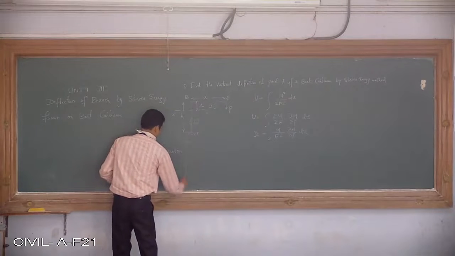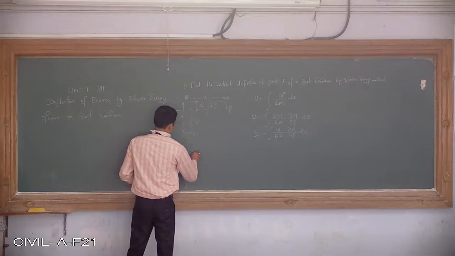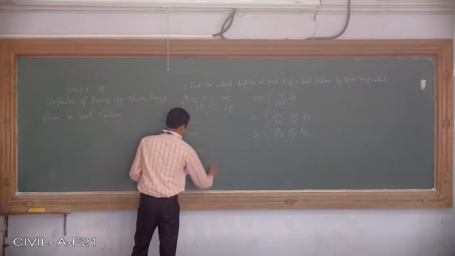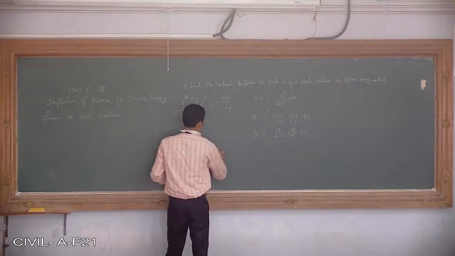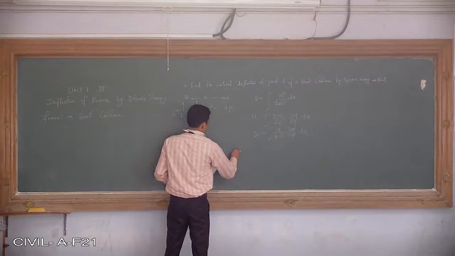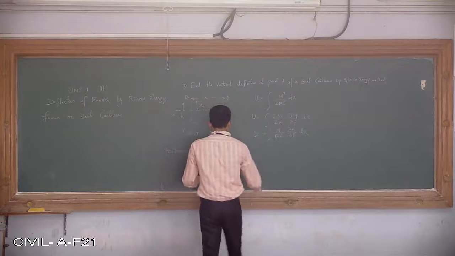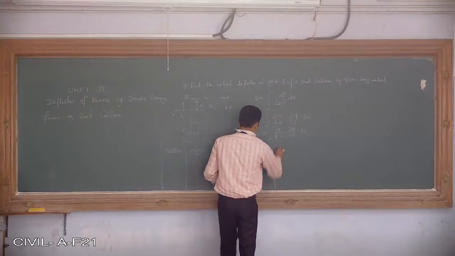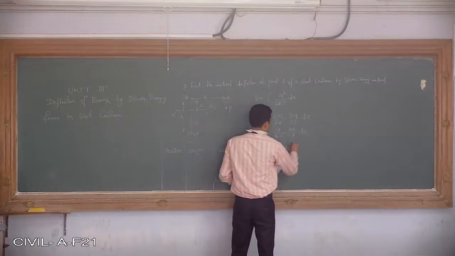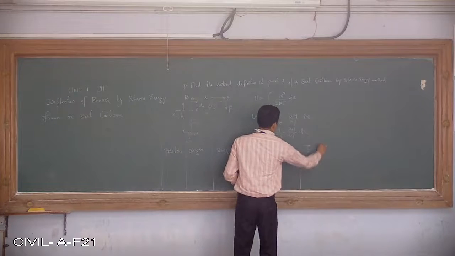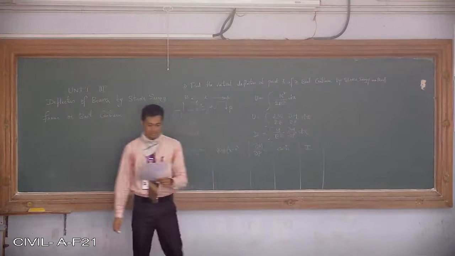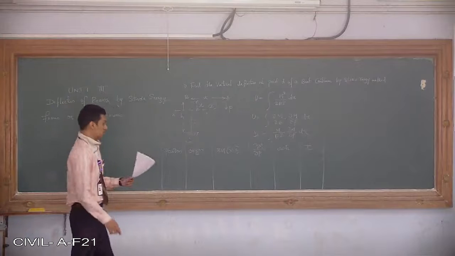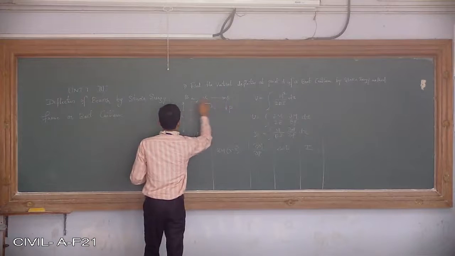Next, we need to draw a table. We have the portion, the origin, then we have to find the bending moment at section XX, then the differentiation with respect to P, the limits, and the moment of inertia I. There are two portions, AB and BC.